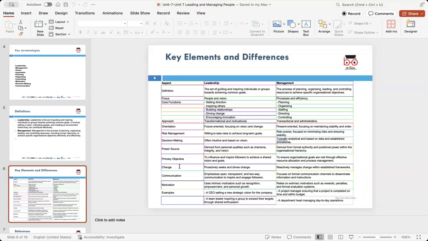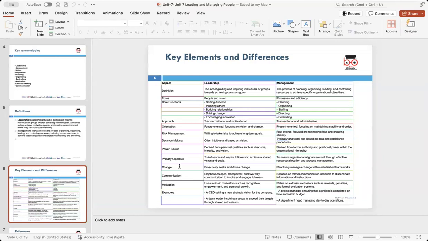Communication: leaders encourage open and honest communication, while managers rely on formal communication channels. Motivation: leaders are intrinsic motivators, like recognition and personal growth, while managers use rewards and penalties to motivate.